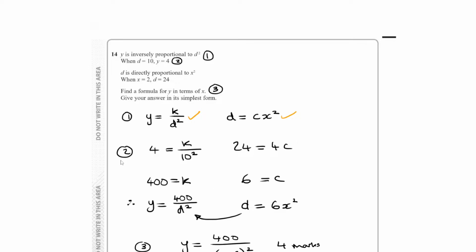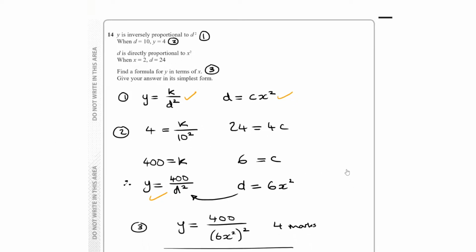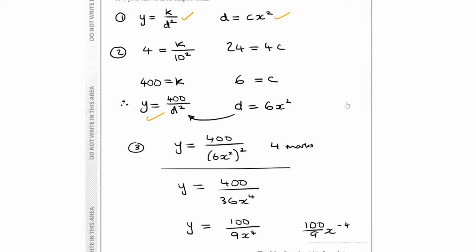So this step 2 here, if you do one of those, that's 1 mark. So let's say that one. And then they kind of skip after that point. So that's 3 marks there. The 4th mark is for a full process to find y in terms of x. So basically you subbing it in correctly. So like this bit, that's the 4 marks. And then the 5th mark is for simplifying it.